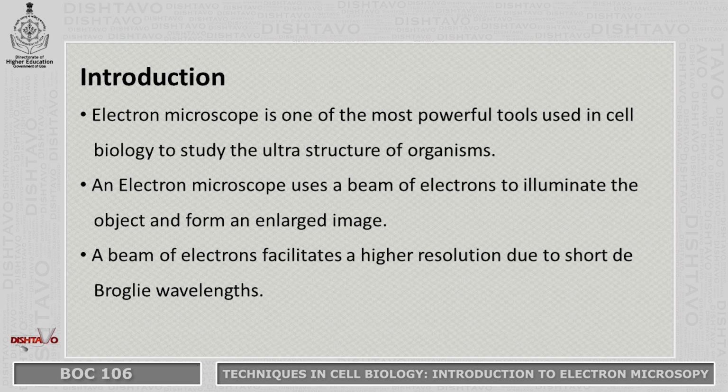Here, the electrons are the constituents of an atom along with protons and neutrons. A beam of electrons facilitates a higher resolution due to shorter de Broglie wavelengths. That is why electrons are used as an illumination technique in electron microscopy.